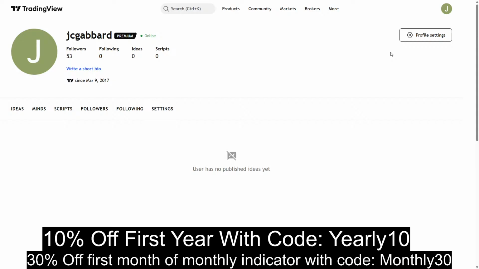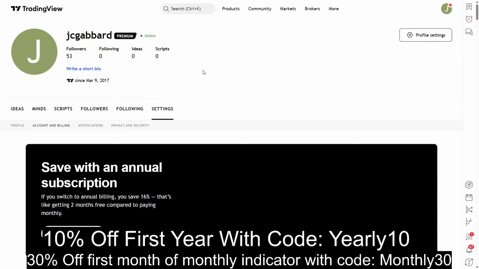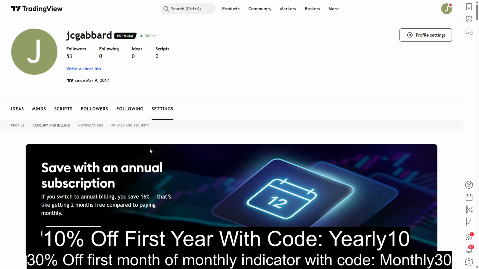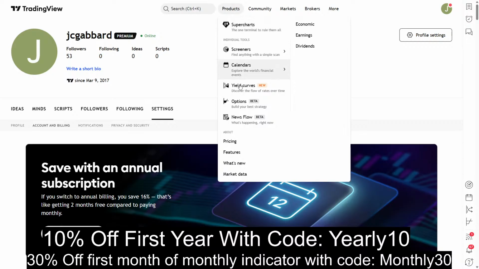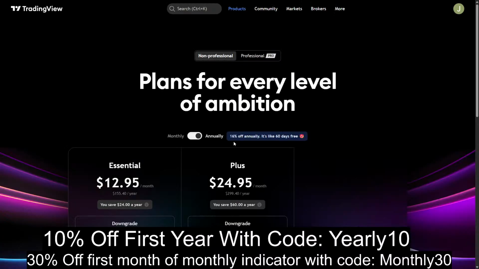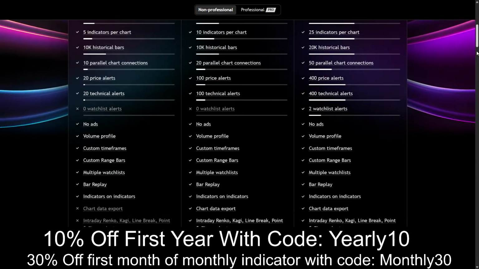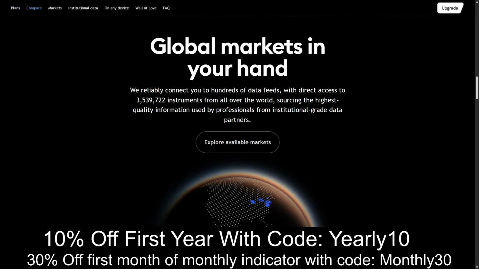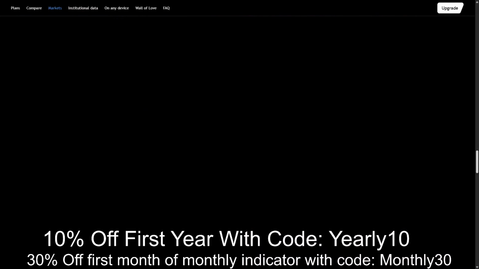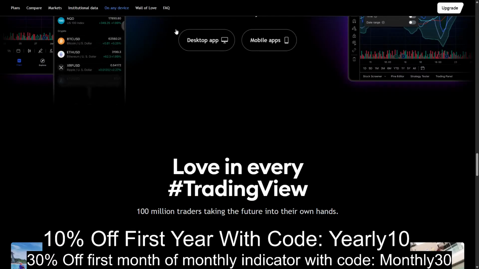I've had this for years set up, so let's see here. Save with an annual, manage subscription, account and billing notifications, profile. Pricing. Maybe it's pricing. So under products, I went to pricing. There you go. Okay. And then I think if you scroll down, institutional data.